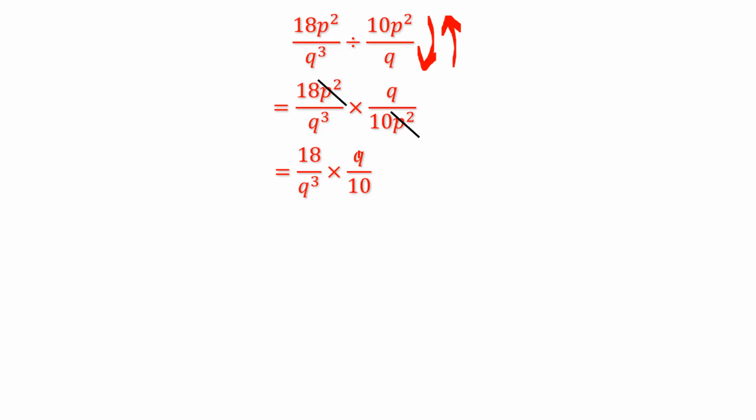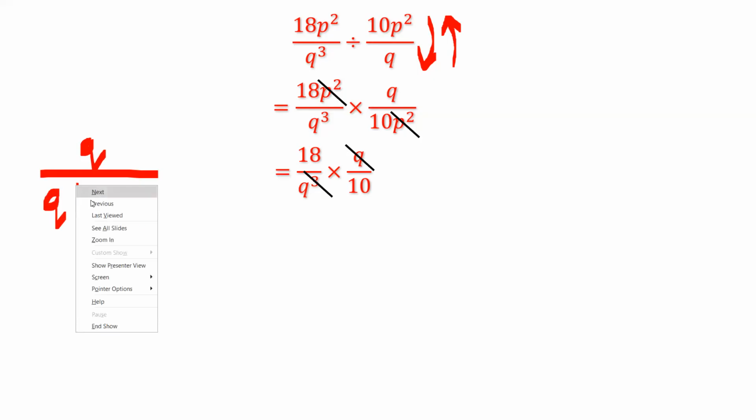We can also cancel this q with q to the third power. And so what happens is you have q at the top, sorry. And you have q times q times q, because this is q to the third power.